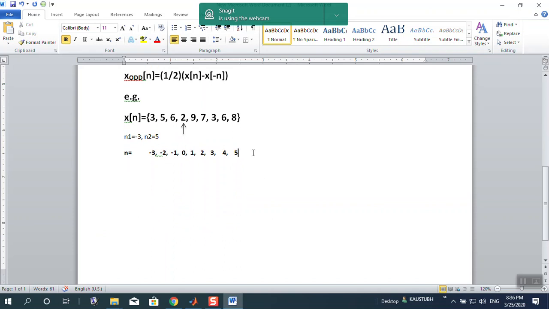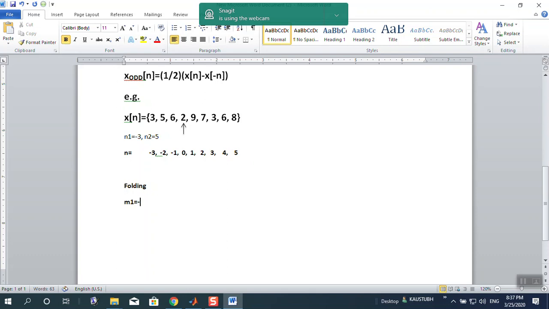Now for folding, I have considered m1 as the starting time index. So what will be the folded starting time index?